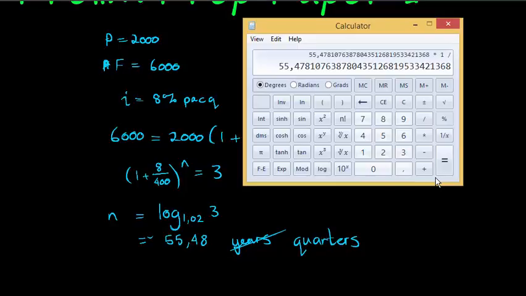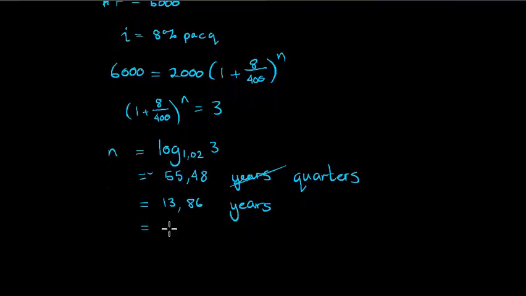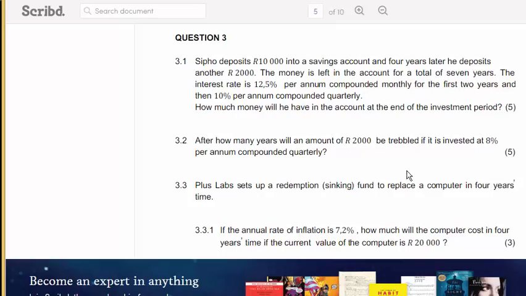I must divide by 4, and that gives me 13.86 years. And they say after how many years, so I would say it makes sense to say 14 years. You could have left it like that. I think that was the acceptable answer, but technically I think 14 years is the correct answer based on how the question was asked.